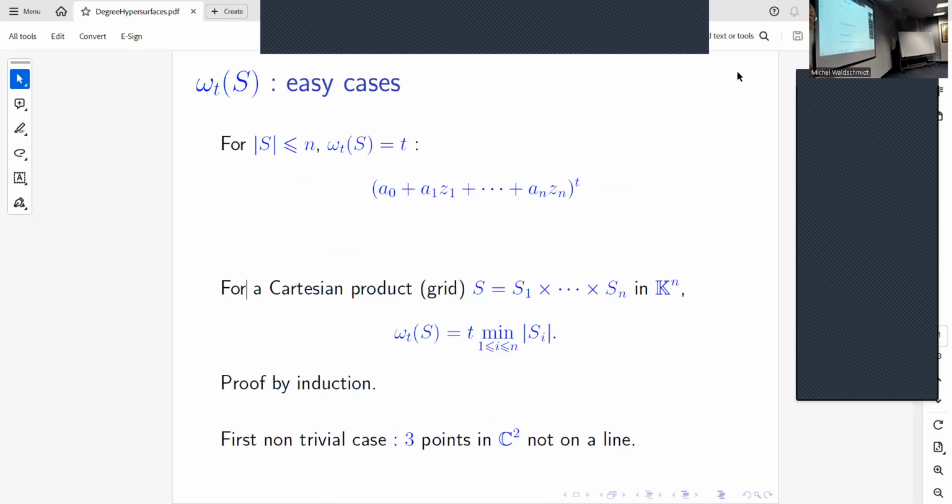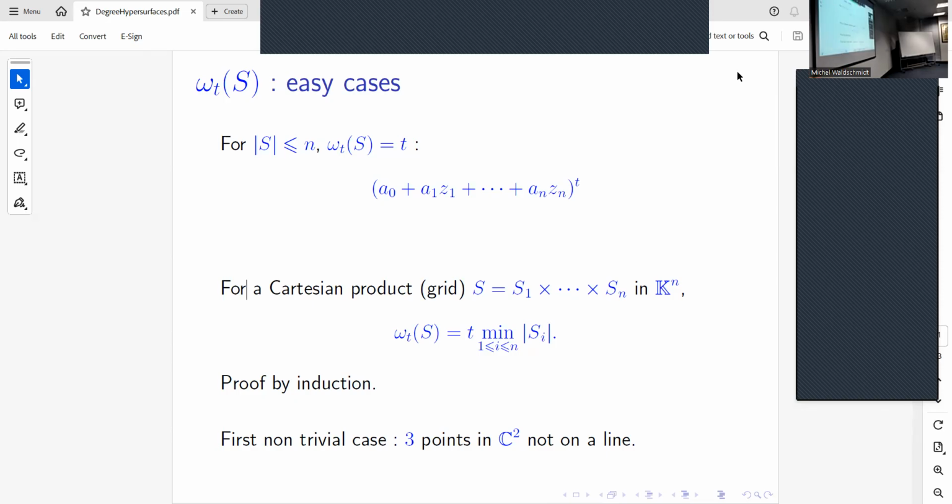So this is also interesting. And if we have not more than n points, we just take a line, and if you have at most n points here, there is a line which passes through the points. So this is for a Cartesian product, not that easy, but omega t of S is t times the minimum of the sizes of the factors of S. It's a bit complicated.